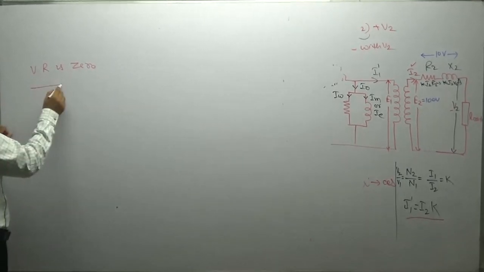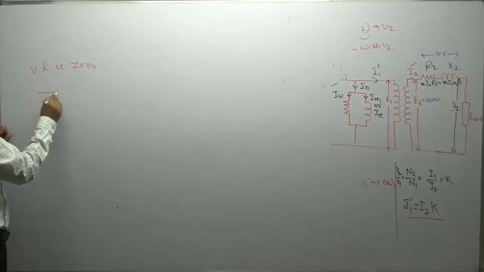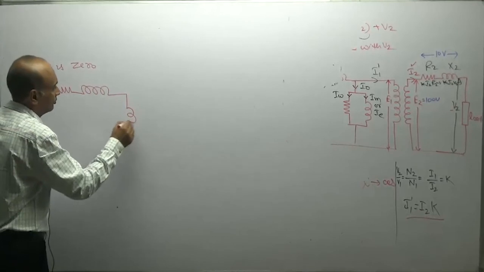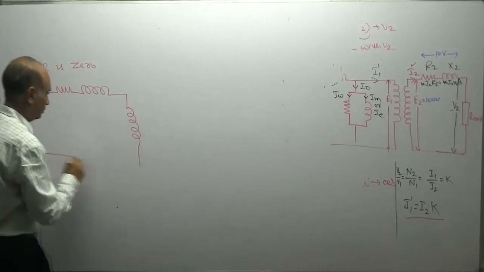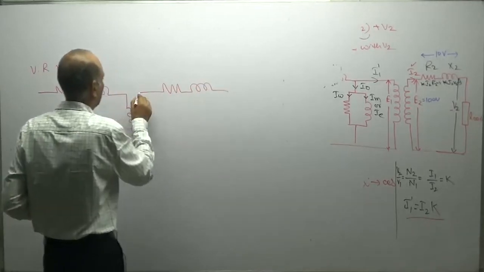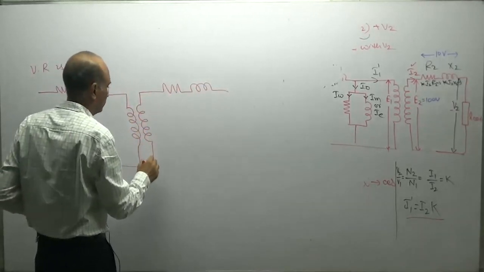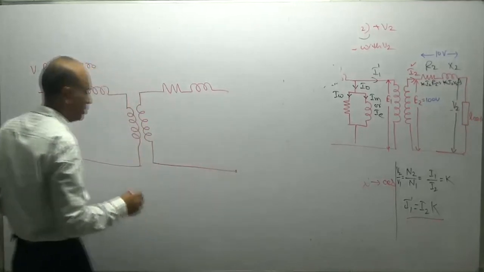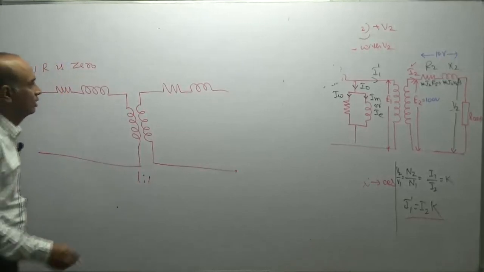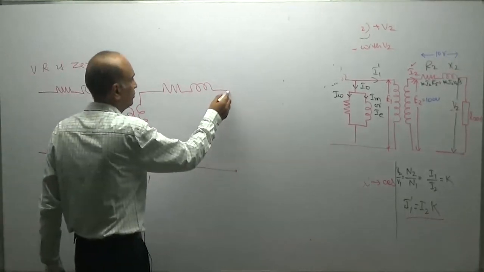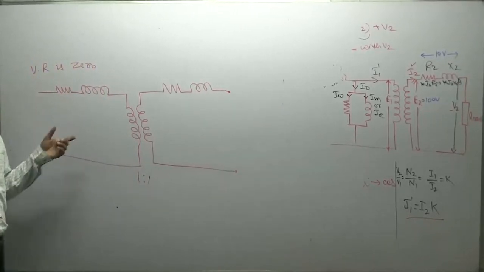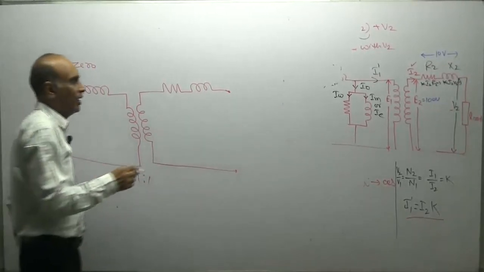So, suppose there is a transformer of ratio 1:1. So, voltage regulation zero is possible at no load.